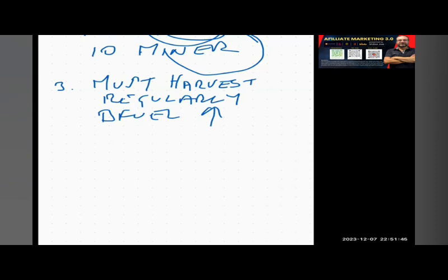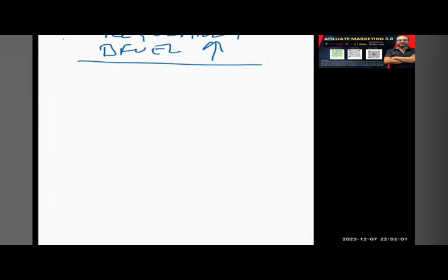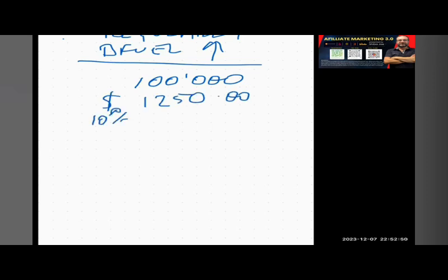The higher your B fuel costs, the higher that 1% will be. So let's say, for example, you've got B fuel costs of 100,000. In dollar amount that is $1,250. If you want to harvest 10% of that, then that is $125.